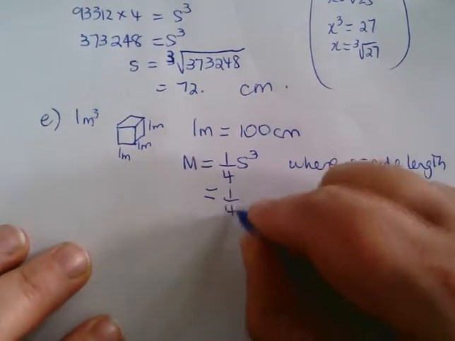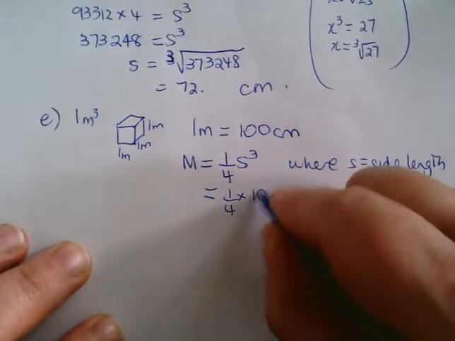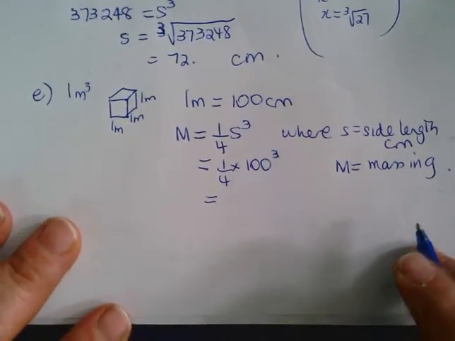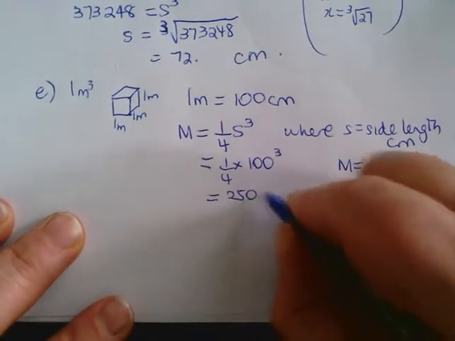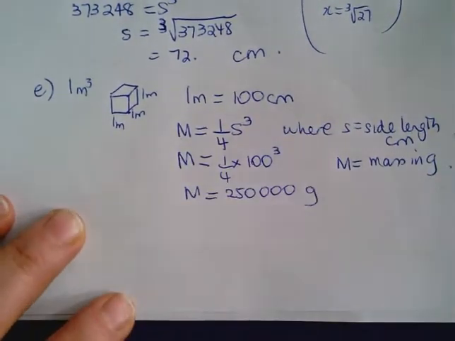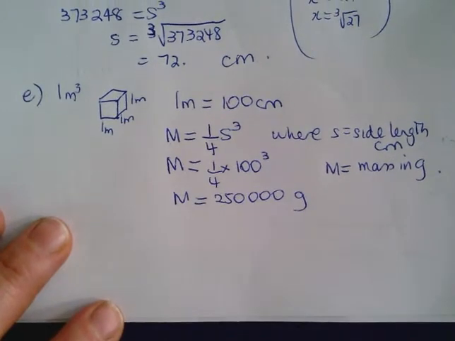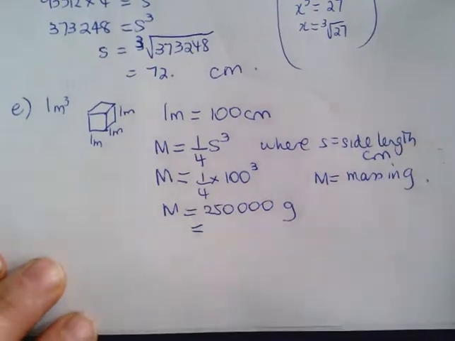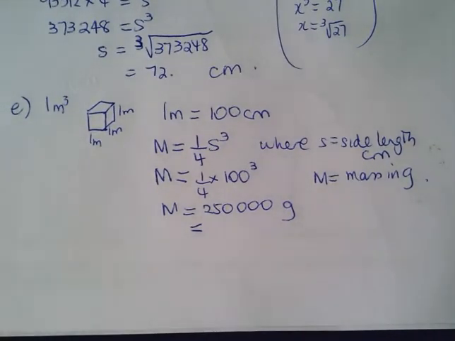So it's a quarter times, S is 100 centimeters, so 100 cubed, which is 1,000,000 divided by 4, 250,000 grams. Because the formula gives you the mass in grams. All right, I need it in kilograms. So girls, a cubic meter, that is a meter long, a meter wide, a meter high. Pretty big.